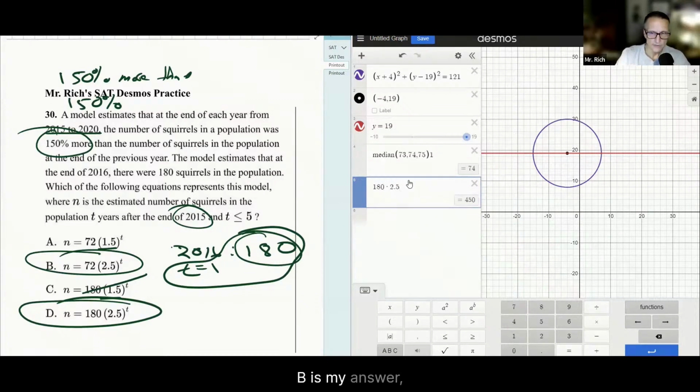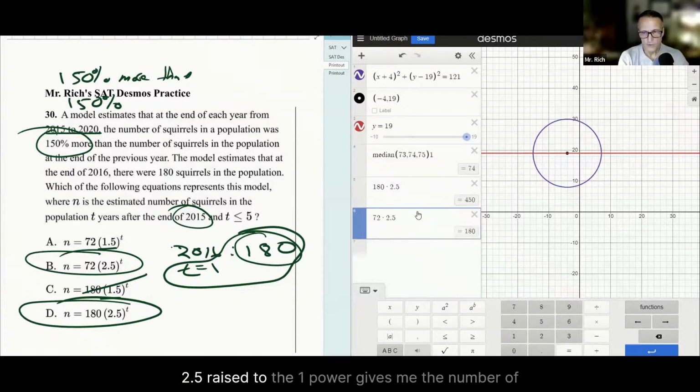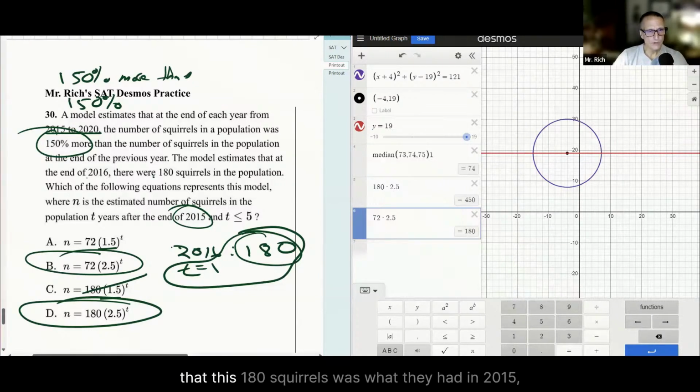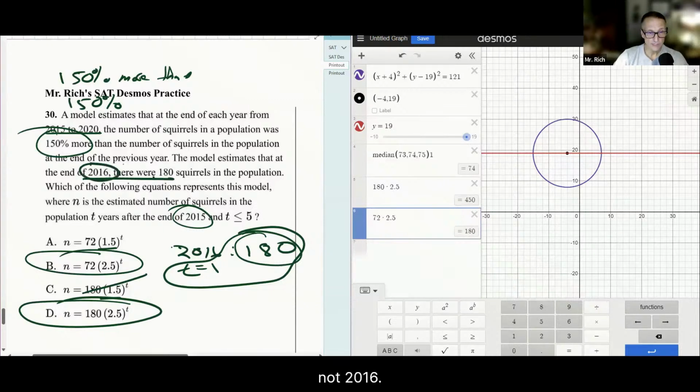No, B is my answer. 72 times 2.5 raised to the 1 power gives me the number of squirrels they told me they were supposed to be in 2016. If they had told me that this 180 squirrels was what they had in 2015, not 2016, yeah, it would have been that answer. But there is my answer right there.